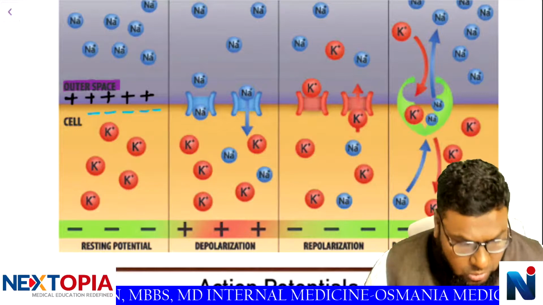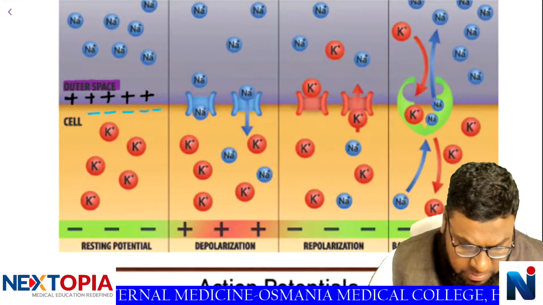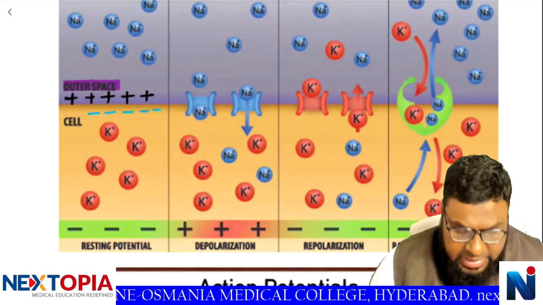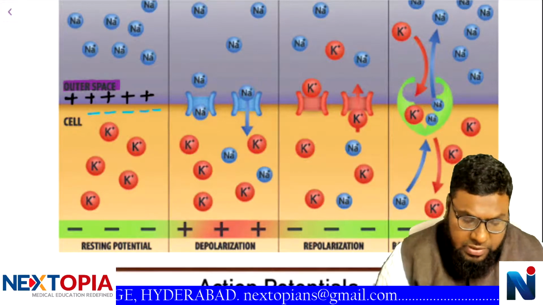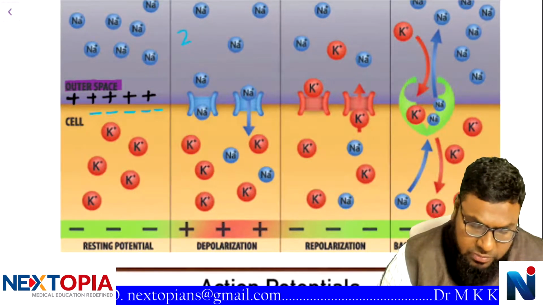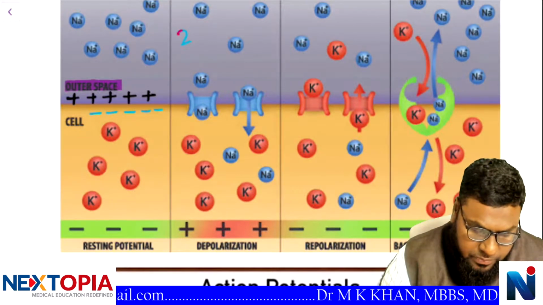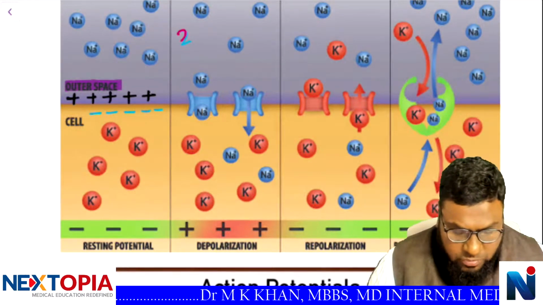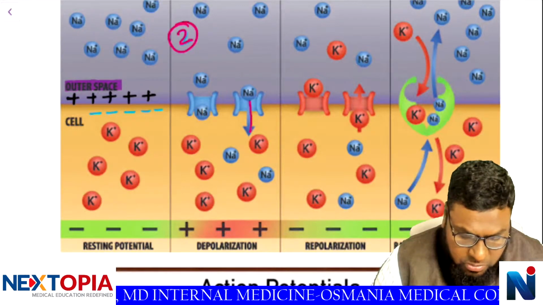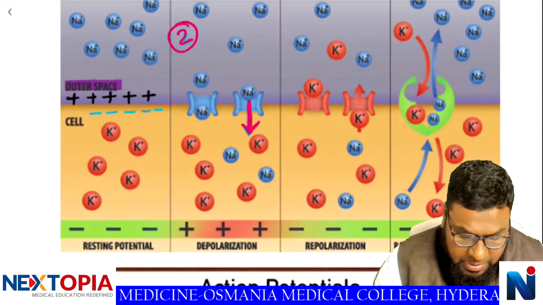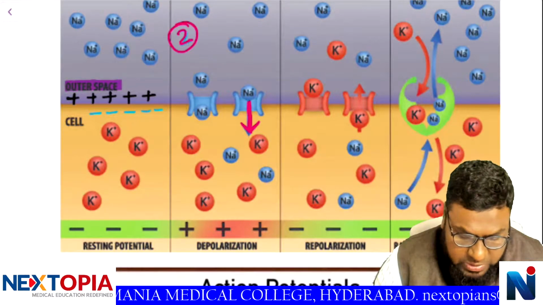Say suppose the voltage gated sodium channels open. In figure number 2, the voltage gated sodium channels are opening up and allowing sodium to move inside the cell. What will happen if a positively charged ion moves inside the cell?